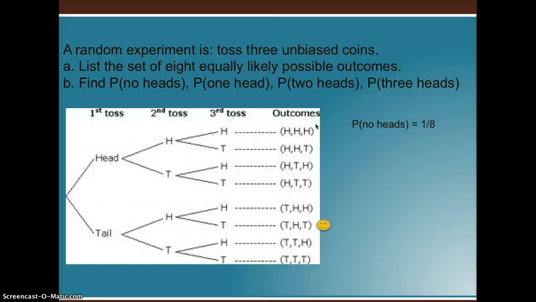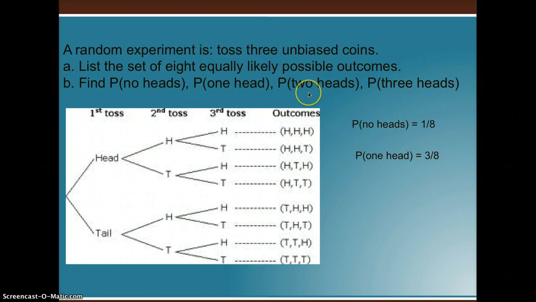And then the next one is tail, tail, head. So in total, you have 3 occurrences of this event. So you may write probability of one head is equal to 3 over 8, because it happened 3 times, and then you have a total of 8 possible outcomes.